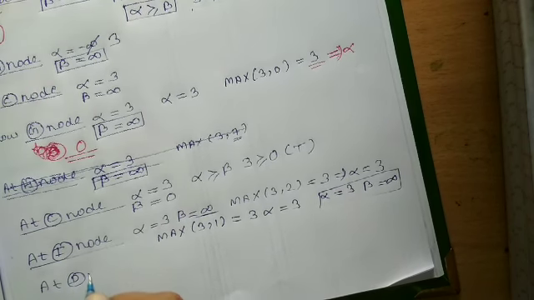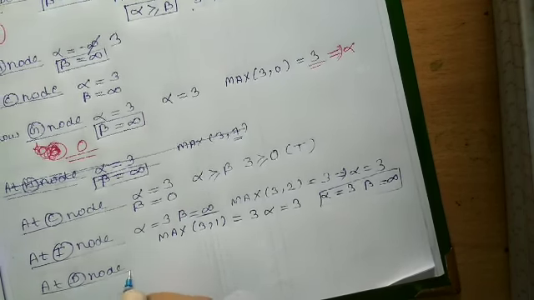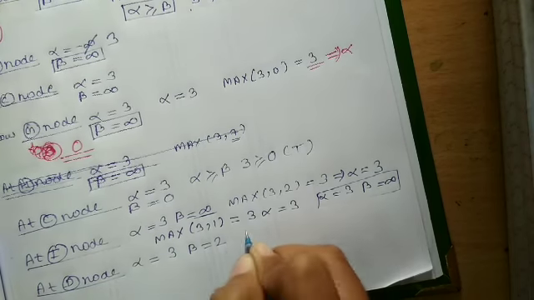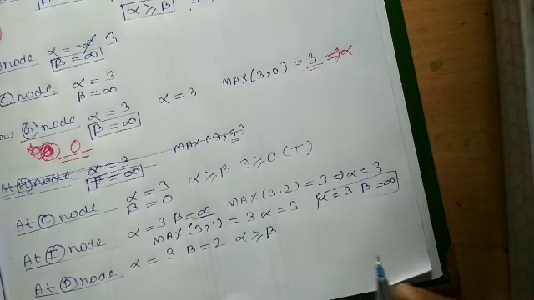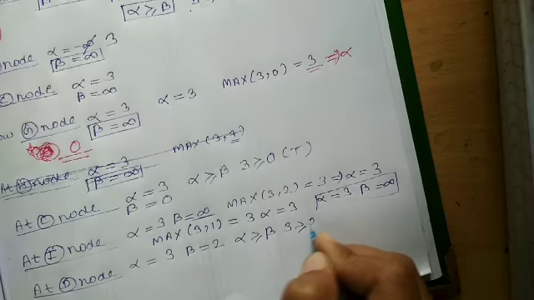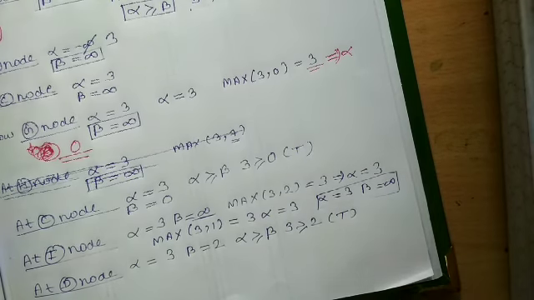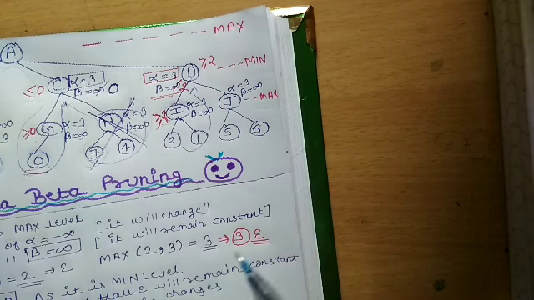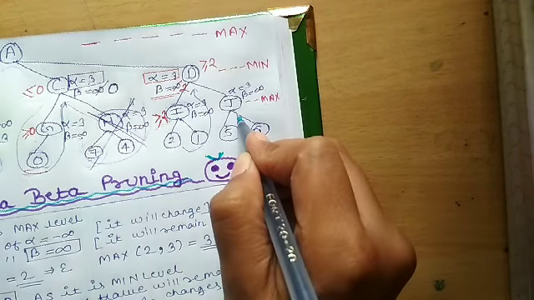At D node alpha is equal to 3, beta is equal to 2, alpha is greater than or equal to beta. Okay, 3 is greater than or equal to 2. So we don't have to explore its child that is left, which is this one, J child.